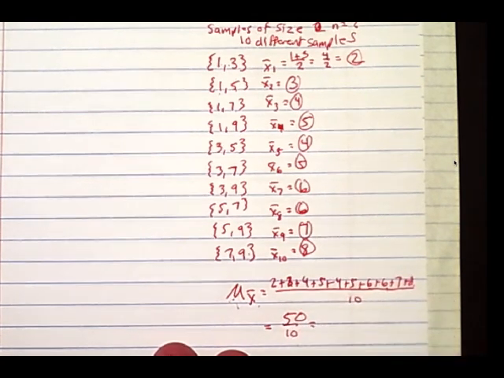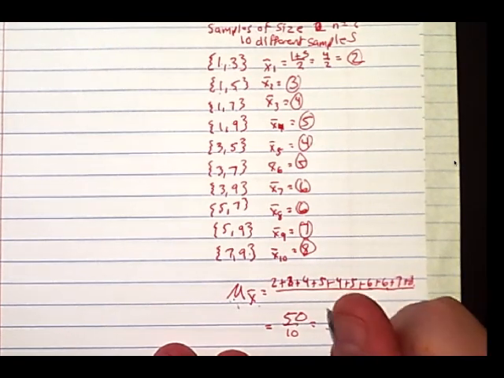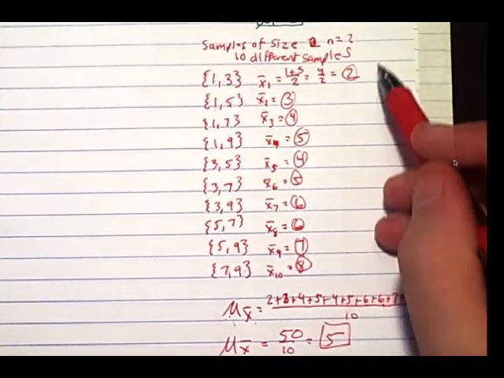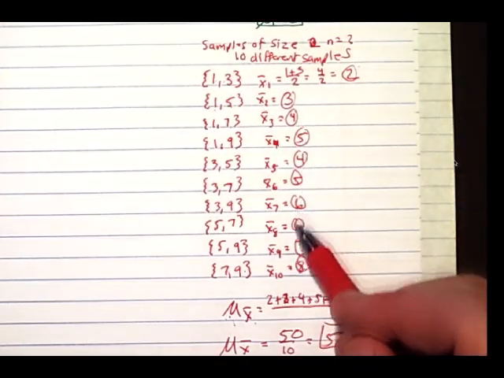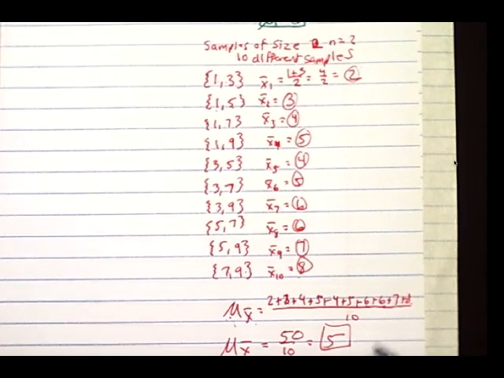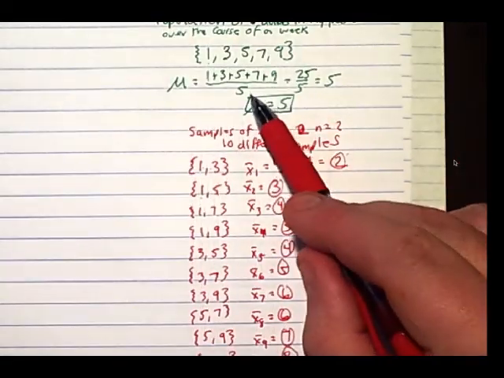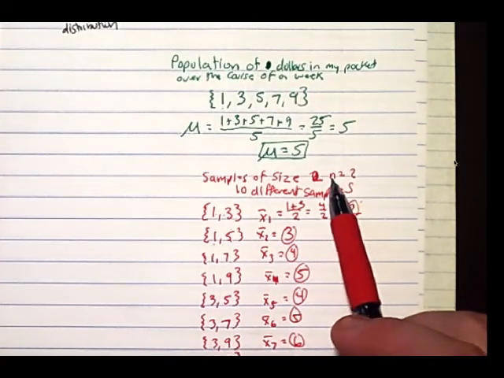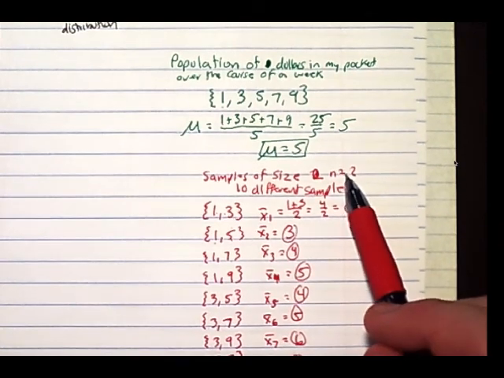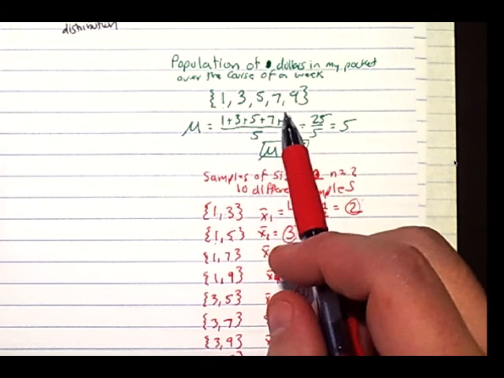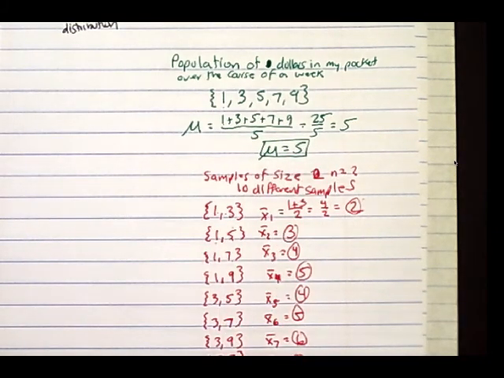So I'd get 50 over 10, which is 5. If we looked at all possible samples of size 2, their mean is exactly the same as the mean of the population. 5 equals 5. It wouldn't matter if I picked samples of size 2, 3, 4, or 5. It wouldn't matter what the sample size was.